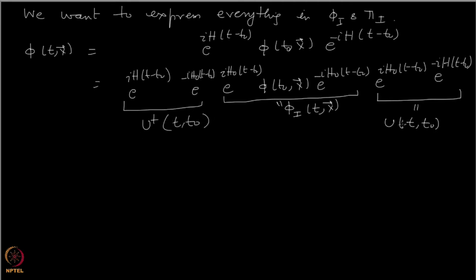And as you can see, U is unitary. That's why I'm using the symbol U, because if you multiply this factor with that factor, you get 1.